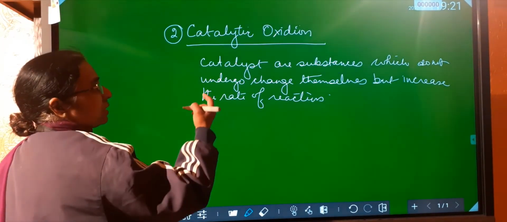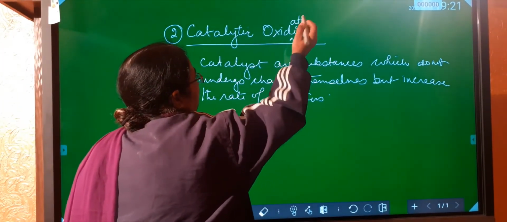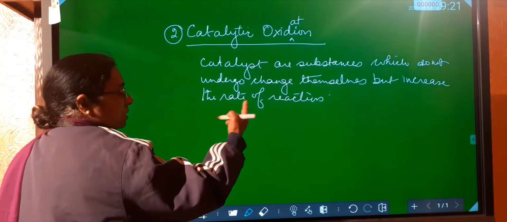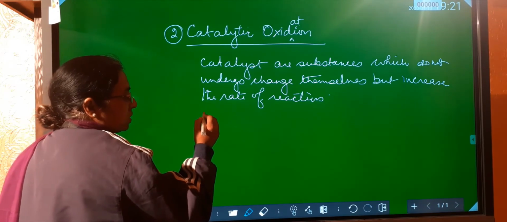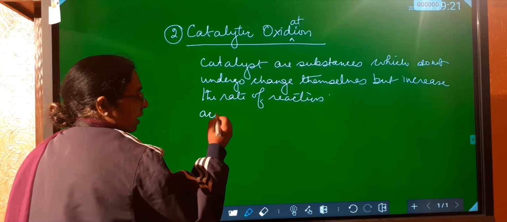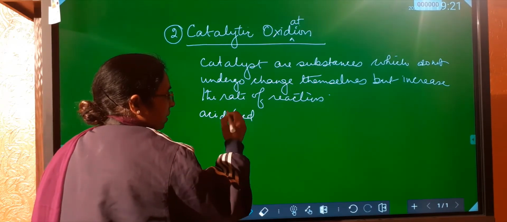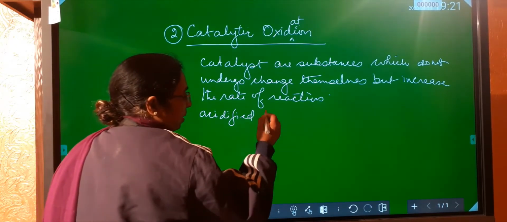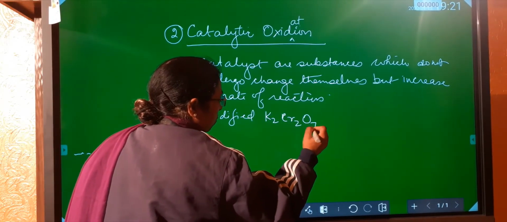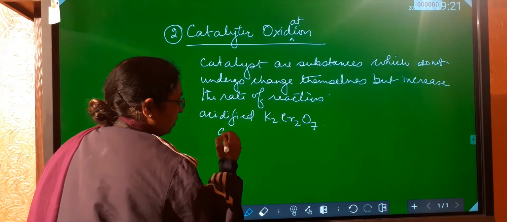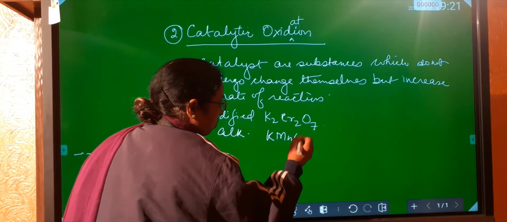Now for this catalytic oxidation, we are going to use acidified K2Cr2O7, or we will be using alkaline KMnO4.